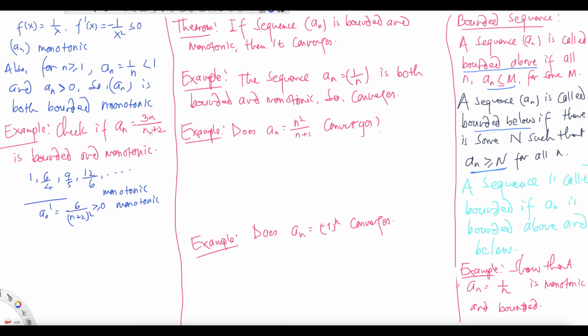What do you get? 300 over 100 plus 2, 102. So for whatever value of n you take, this value will be less than 3. And this is always greater than 0, right? So you can write a_n is less than or equal to 3 and a_n is greater than or equal to 0 for all n, because whatever value of n you pick, that ratio will always be less than 3.